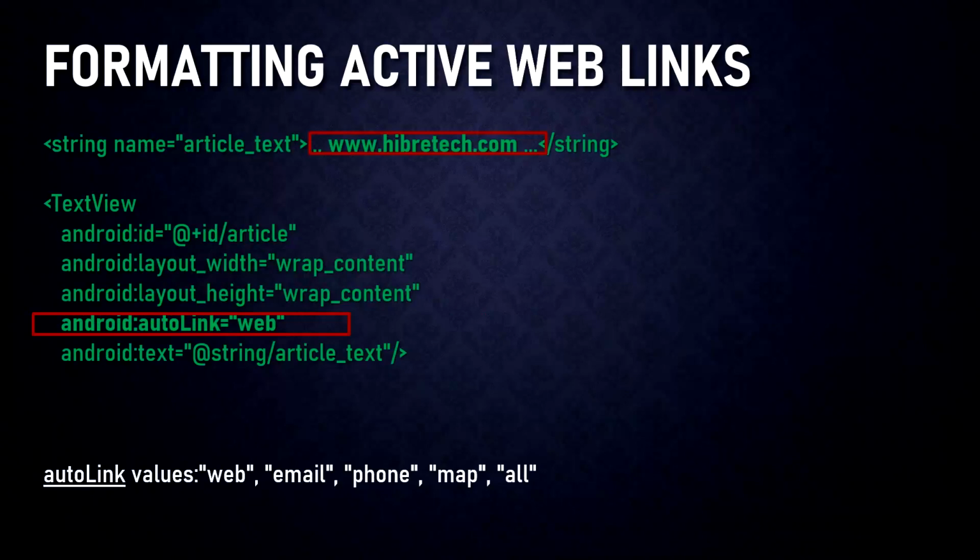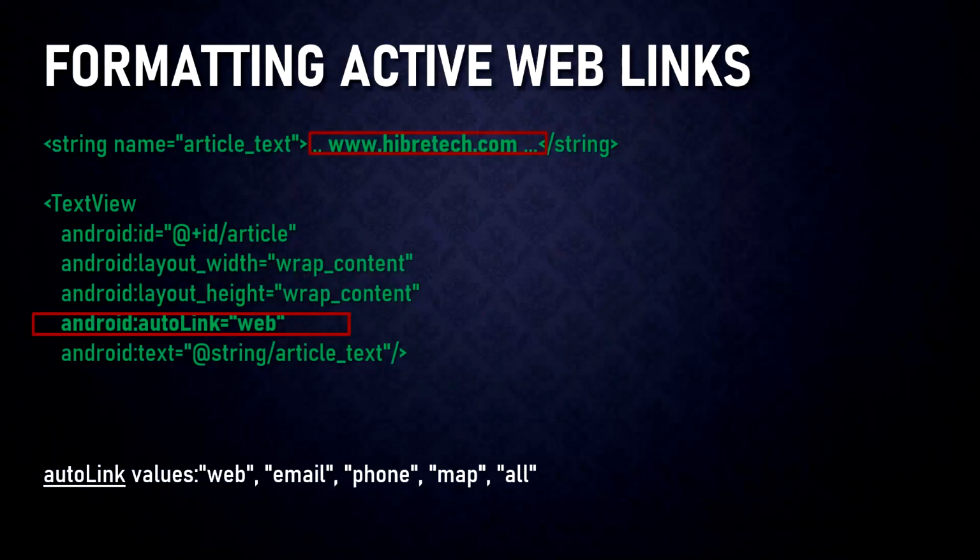The way to do that is to specify the string of your website or your map location in your string XML, and then use an attribute called autoLink. This autoLink is a way to make our text view a link, so if you click on it, it will redirect you to the text that you specified in your string XML.